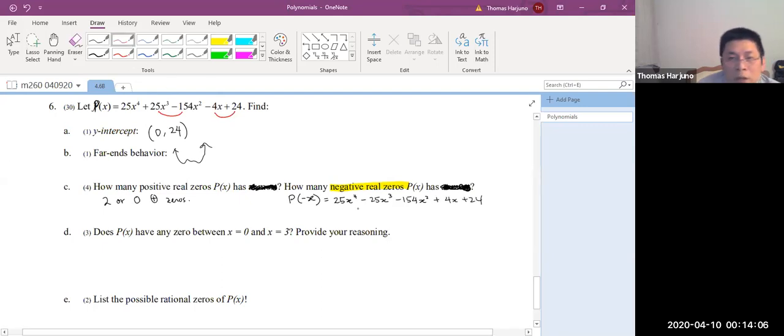Let's see how many times the sign changes. One time here, another one time here. So there will be 2 or 0 negative zeros.